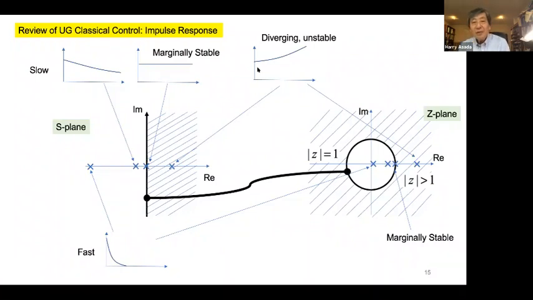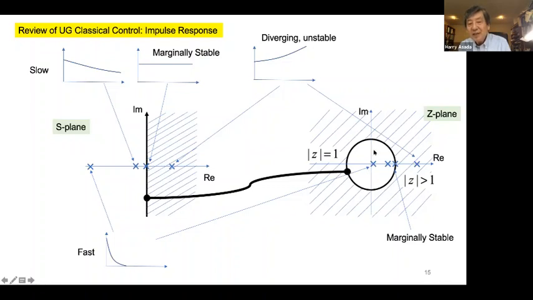Okay, now we discuss this in the Z-plane. If the pole is outside, away from the unit circle, it's unstable, just moving up in this way. If it is right on top of the unit circle, it is marginally stable because this line is mapped to the imaginary axis itself.